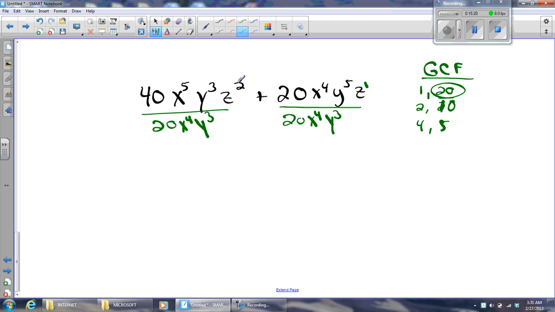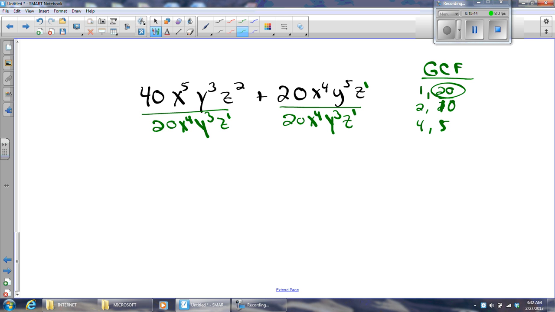Z to the second, z to the first, z to the first. See how simple that was? I didn't try to do the GCF of x to the fifth y cubed z squared and x to the fourth y fifth z. I did the GCF of x to the fifth and x to the fourth. I did the GCF of y cubed and y to the fifth. And then I did the GCF of z squared and z. And that's what I did.